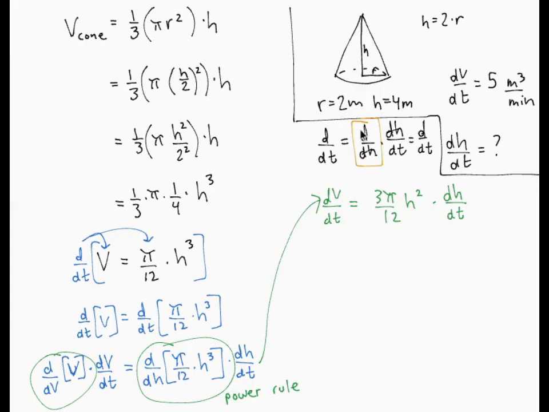So derivative with respect to h is this expression in yellow. And then we have dh over dt in purple. Three twelfths will simplify to equal 1/4.